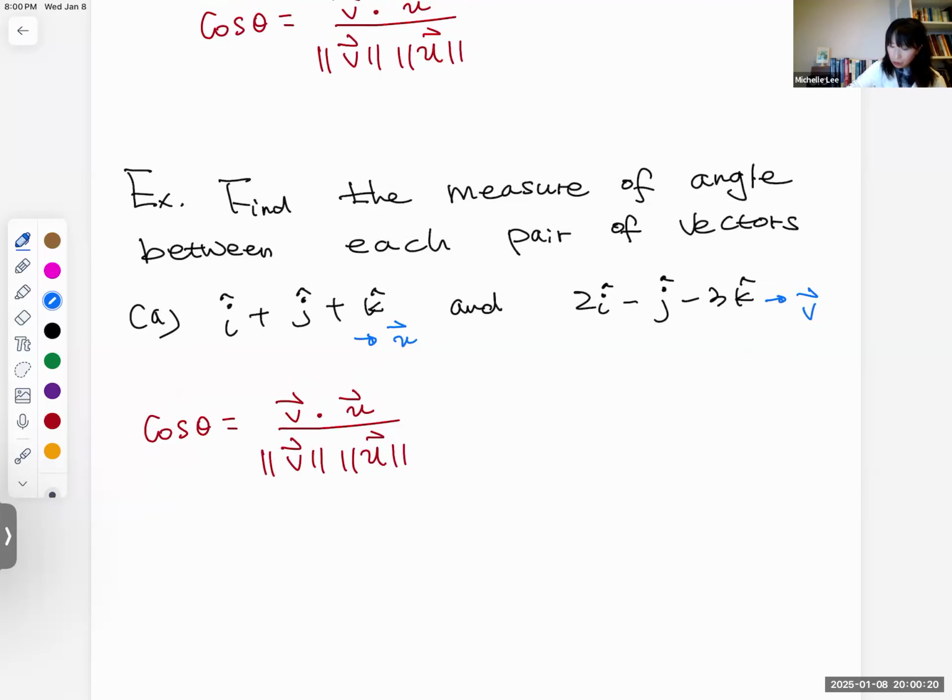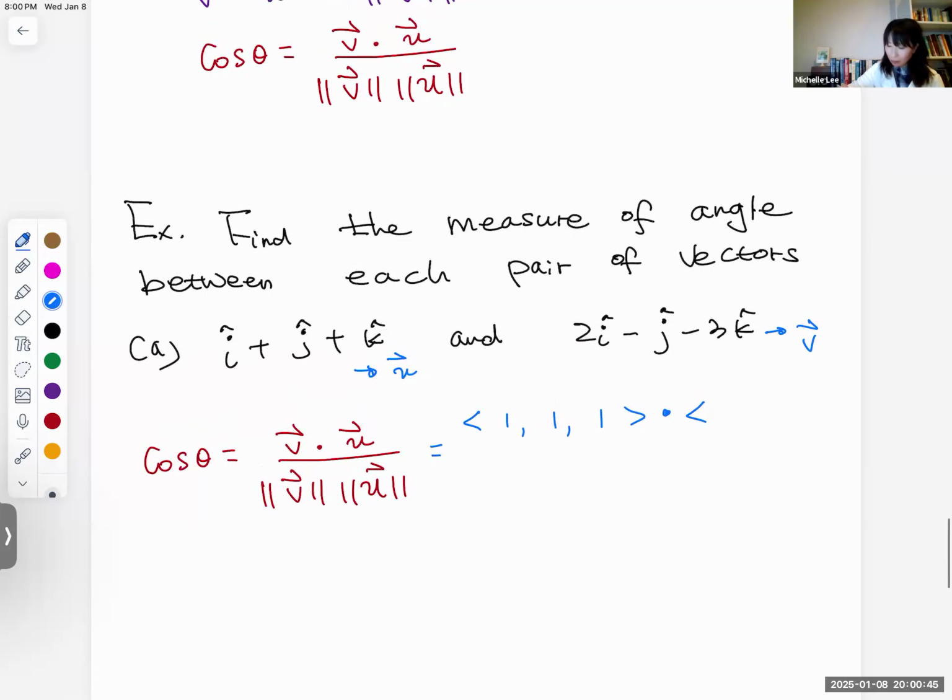All right, so let's do this one. If we are using vector components, that will be 1, 1, 1, right? Dot product. Oh, that's V, U. Yeah, I messed up. So this is V, this is U. How about that, right?